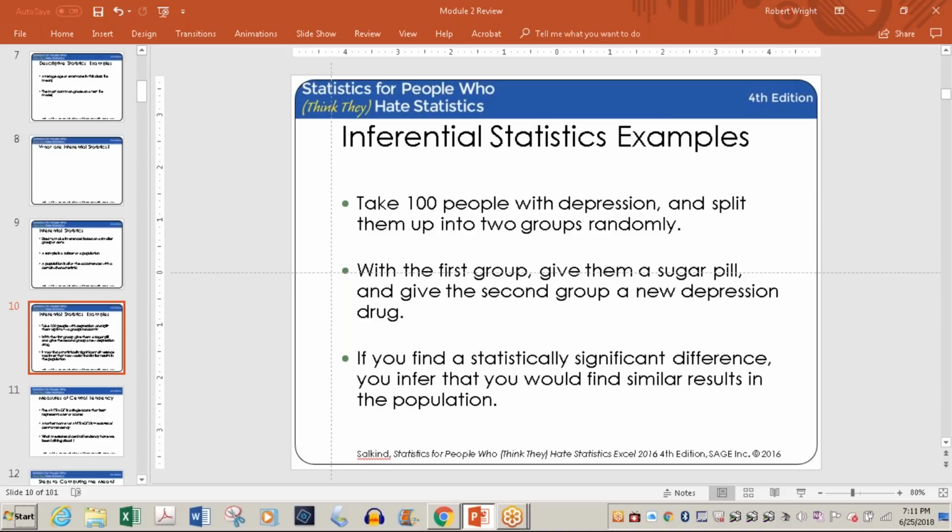So you're saying, if among these 500 people we gave the drug to, 95% of them improved, we assume that if we unleash this drug on the general population, 95% of the people who suffered from depression would also improve. So basically you're forecasting based on what your study revealed, as opposed to describing or reporting as the descriptive statistics would do.